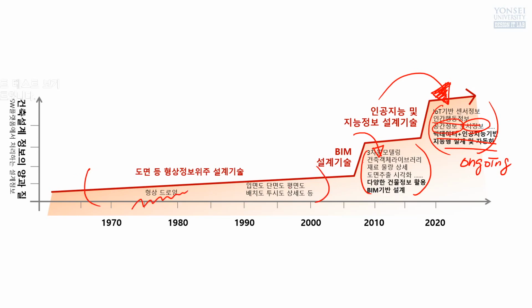And take a look at this part. Geometric modeling, drawing oriented design, something else. They are so-called very mature technologies. In other words, conventional.